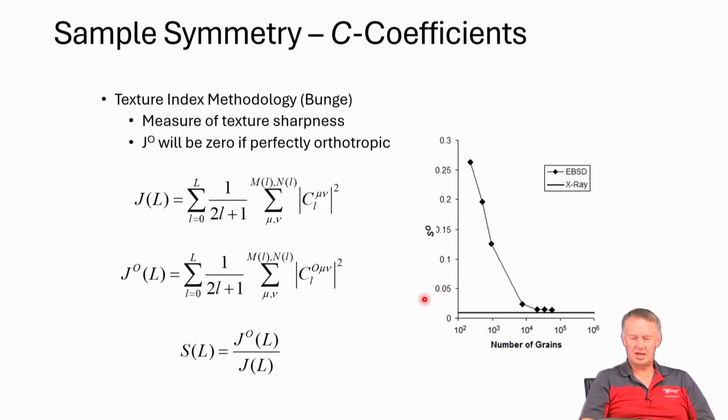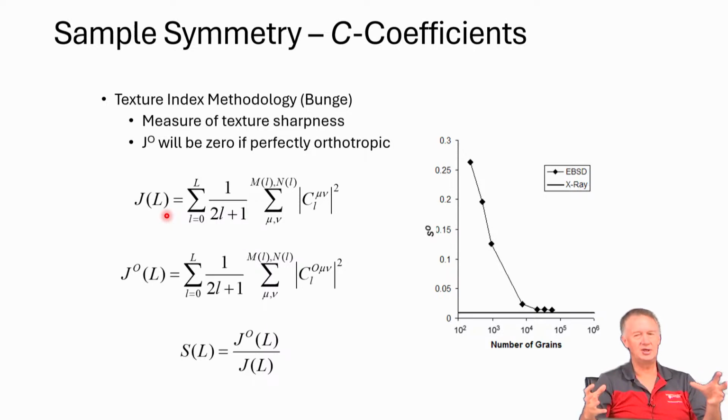And then we look at these C coefficients. So we're calculating what the C coefficients are, and you can look at this J value, which we call a texture index. There's a technique, I don't use this very often, but you can determine the texture strength by showing a single number, right?